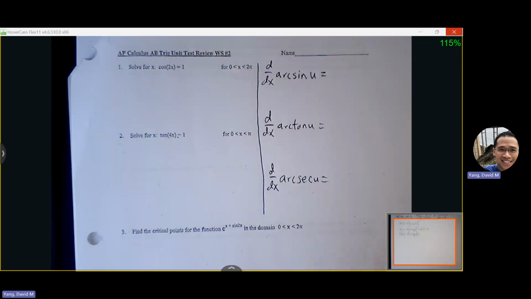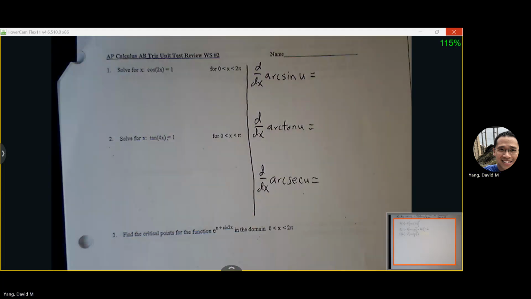And I'm only worried about the first column because if you can do the first column, then the second column should be easy with the negative versions. Once you get done with this, then we're going to try number 4.